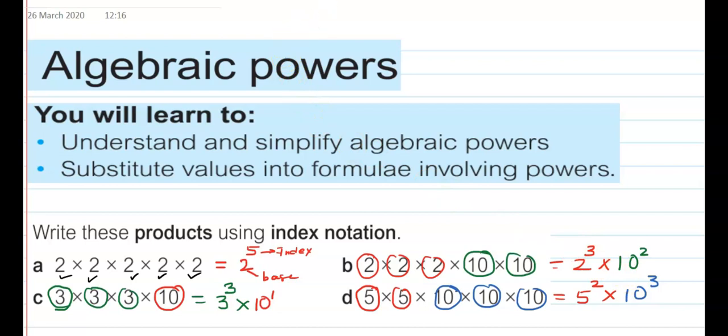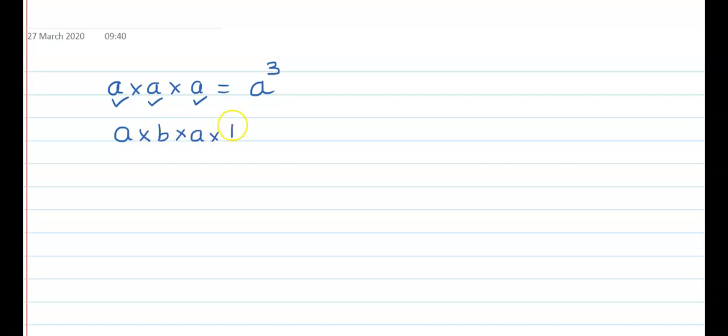In algebra, if questions come like this, a times a times a, you can see how many a's are there? 1, 2, 3. So you can write down here a to the power 3. If there are two letters like a times b times a times b, then what are we going to write down?